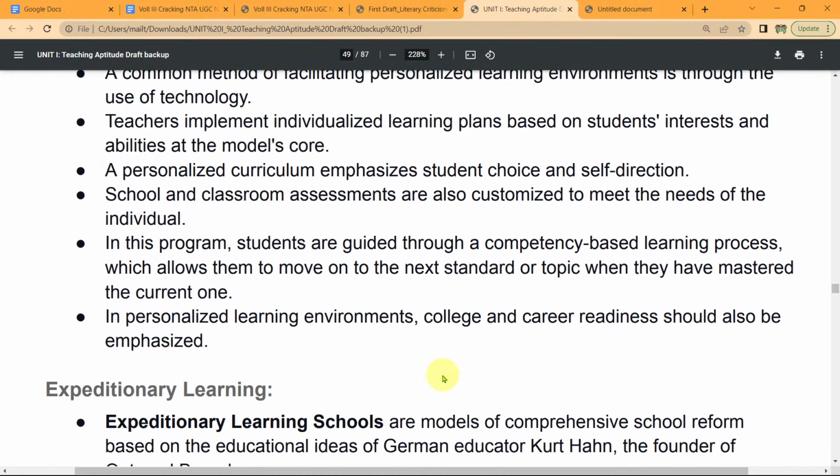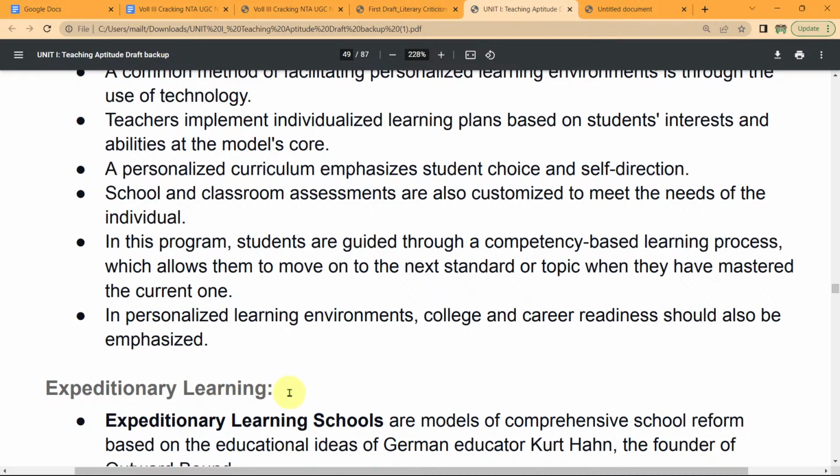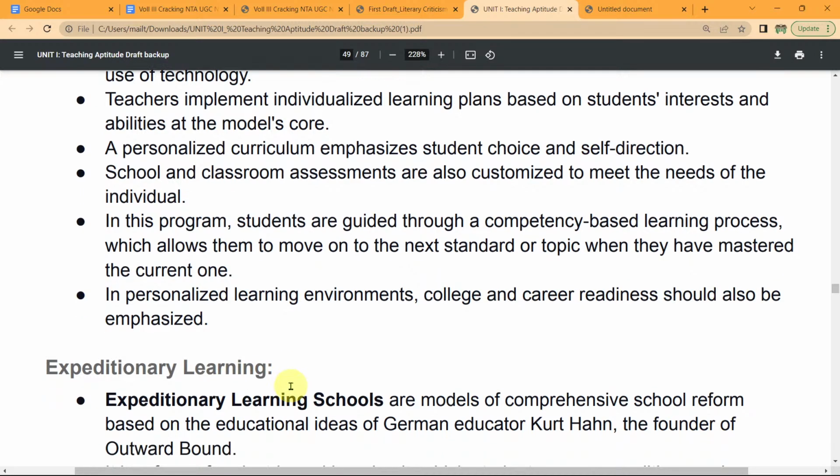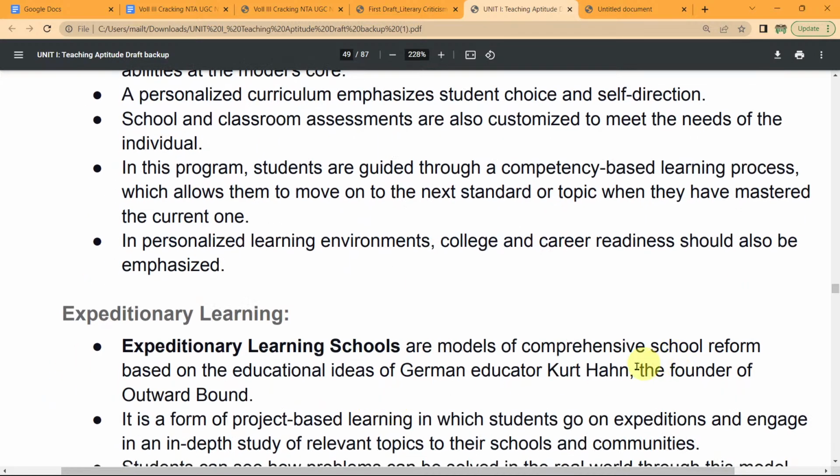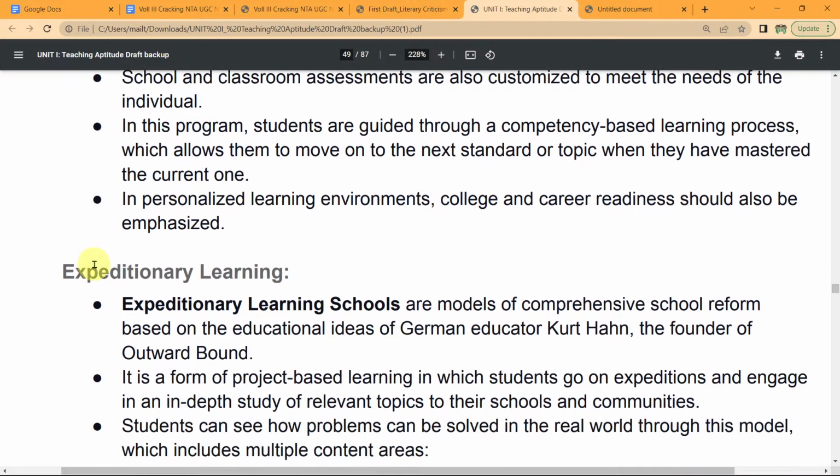What does it mean? One is expeditionary learning. In expeditionary learning, schools are modeled on comprehensive school reform based on the educational ideals of German educator Kurt Hahn, the founder of Outward Bound. Expeditionary learning is where the students go on expedition. Simple, they go out to learn things.